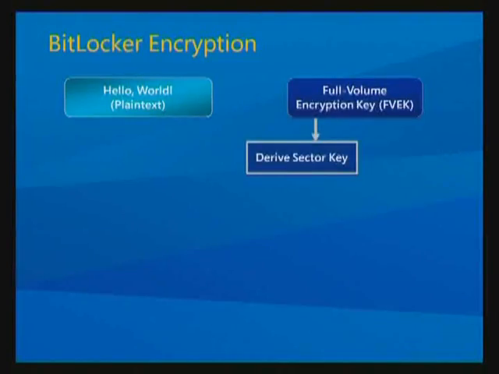Now, we have an optional algorithm here called Elephant, and what Elephant effectively does is address some admittedly edge case threats, but there are some edge case threats out there, and basically some inherent problems with AES 128 and 256 when used in CBC mode, which is the mode that we would use on encrypting a hard drive, especially when you consider that you can't change the size of a sector, right? So our encrypted text, our ciphertext, always has to be the same size as the plain text, fairly obviously, otherwise we'd break the drive system.